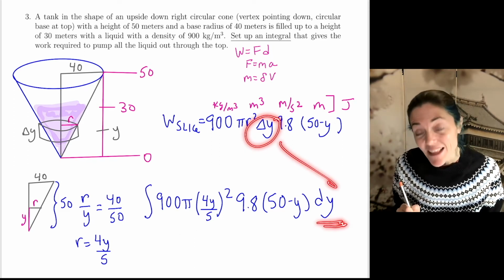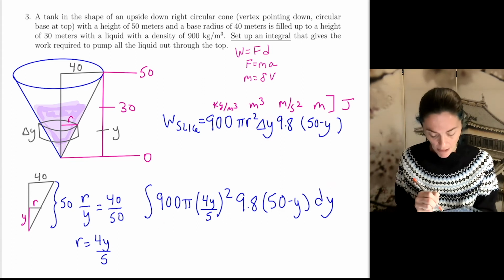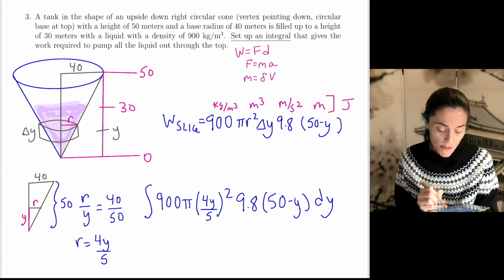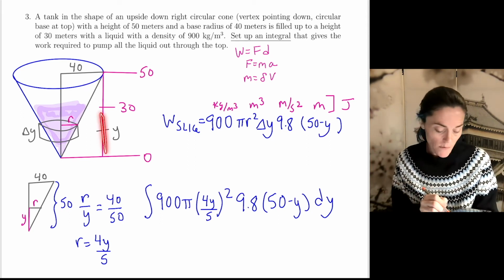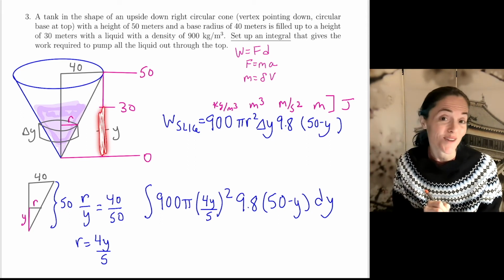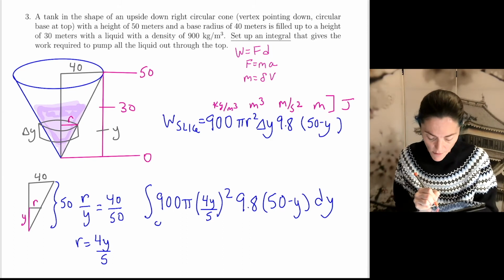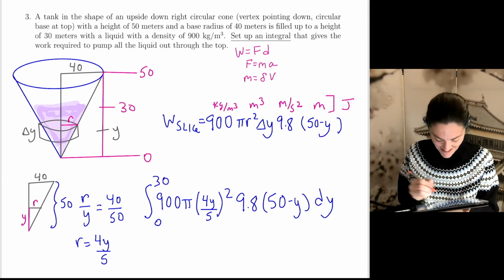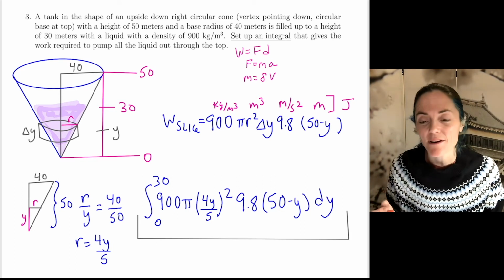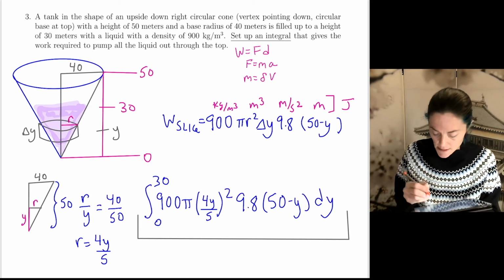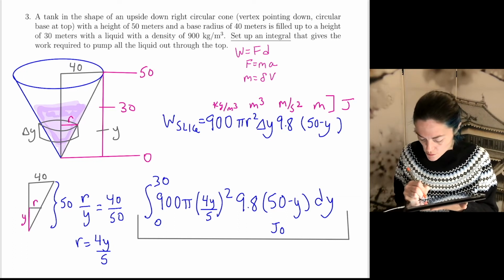The final thing is my limits of integration. We integrate over where my liquid is, between 0 and 30. So I integrate 0 to 30. This is my final answer, in joules.